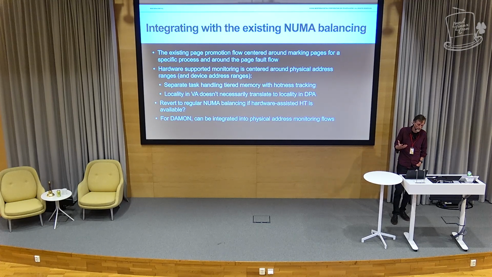But now we have hardware that is monitoring a range of physical addresses that isn't really tied directly to a given application. The locality you would see in an application isn't necessarily converted into locality on the device itself, because you hand out pages. There's no reason why they should be contiguous on the device just because they are in the virtual address space.